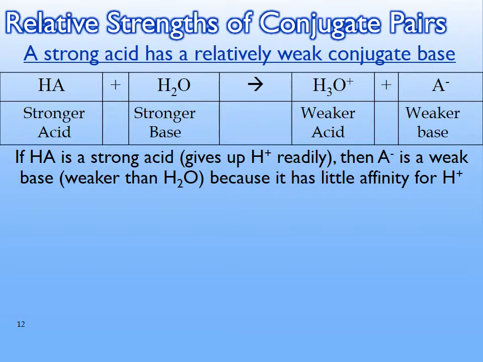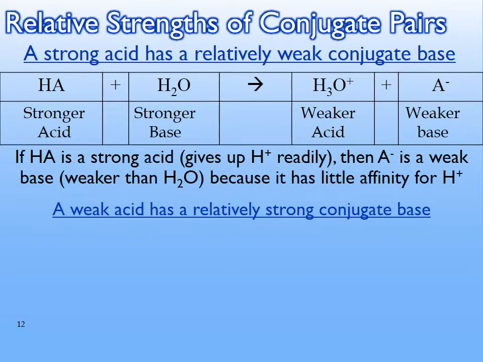And the hydronium ion, obviously in this case, must be the weaker acid. Otherwise, it also will give up hydrogen ions and form water. But notice that the equilibrium in this situation is completely on the right side of the equation, because we have what we call a strong acid, something that completely dissolves into ions.